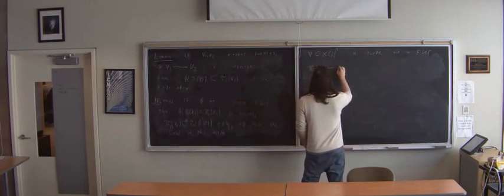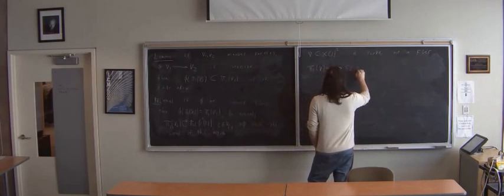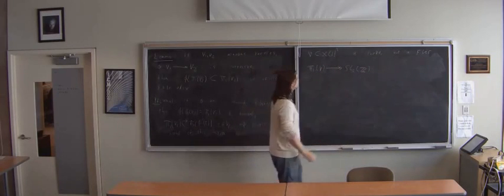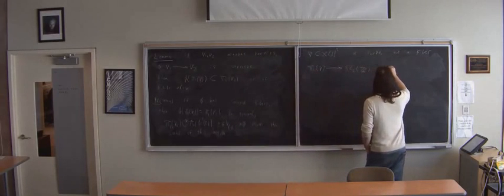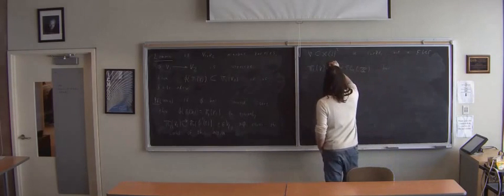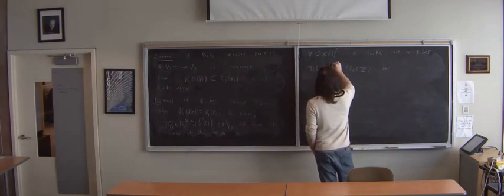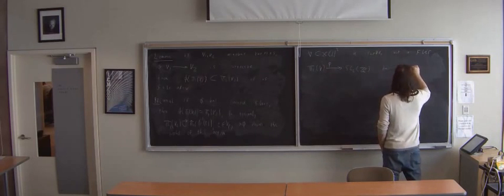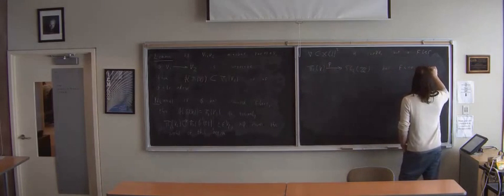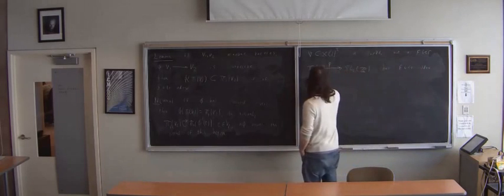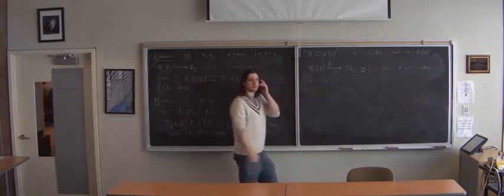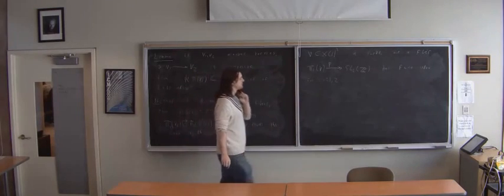pi 1 V maps onto S to Z. So both projections, P1 and P2, have finite index, i being 1 or 2.